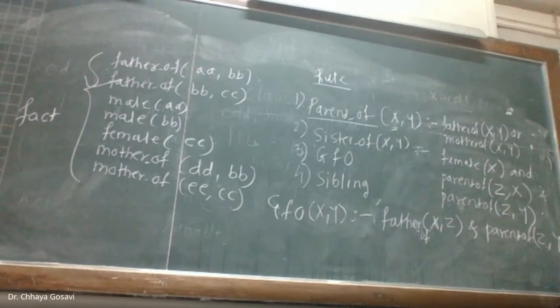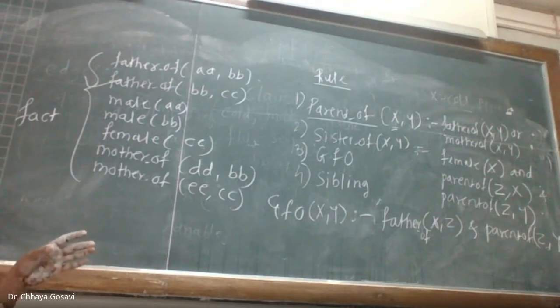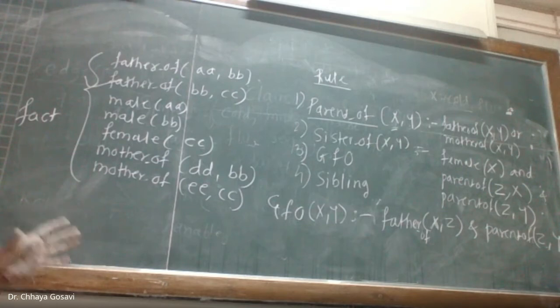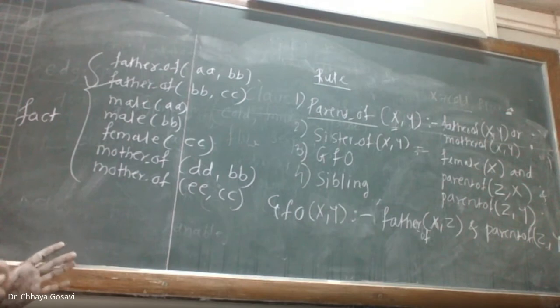So instead of going n times, you can use recursion. Like we used recursion in finding the path from one point to another point. Instead of finding out how many edges are between, we have written edge and the path from that point to the next point. That's why we use recursion if there are infinite times. We didn't know how many times we have to call that particular fact. Then we will go for recursion.